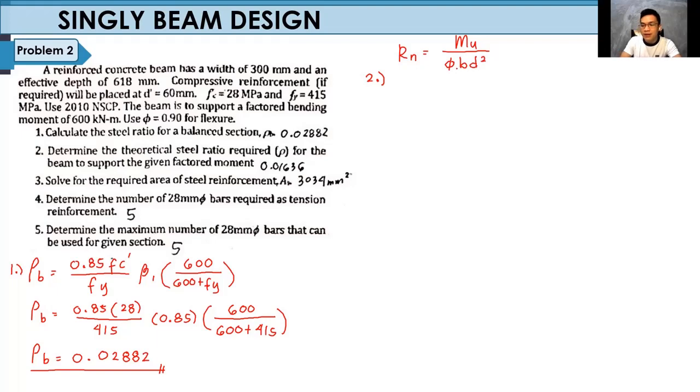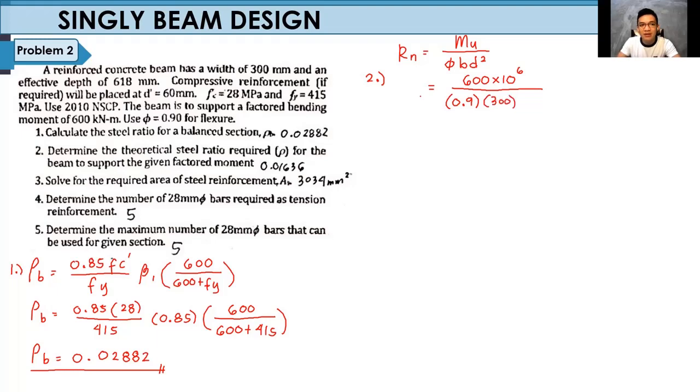Yan. Pagkatapos natin makuha, so Mu muna natin. Mu natin, nasabi dito, no? Factored bending moment natin is 600. Take note that is kilonewton meter. So, gagawin natin Newton millimeter. So, multiply natin ng 10 to the power of 6. Phi natin is 0.9. B natin is equivalent to 300. Ayan po. Then ito yung width na 300. No?